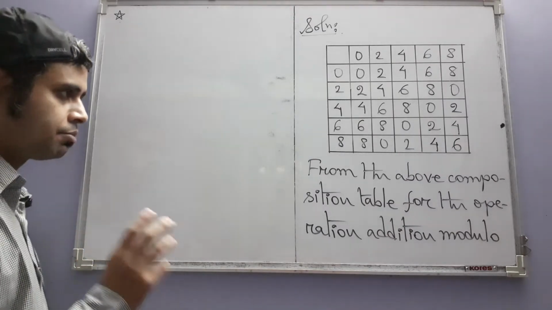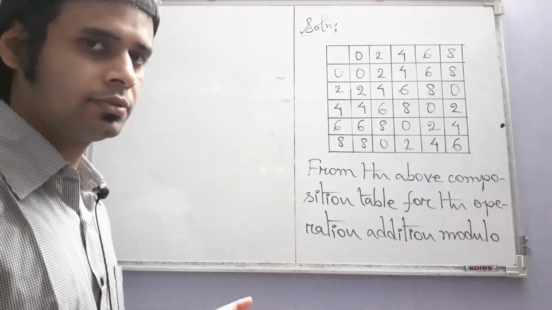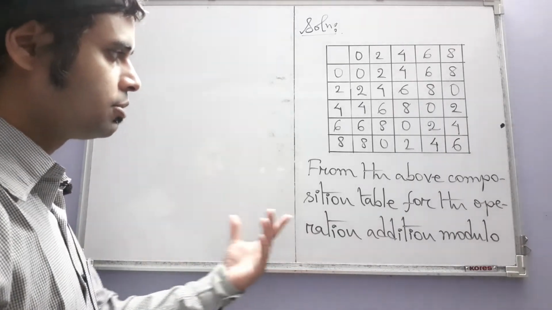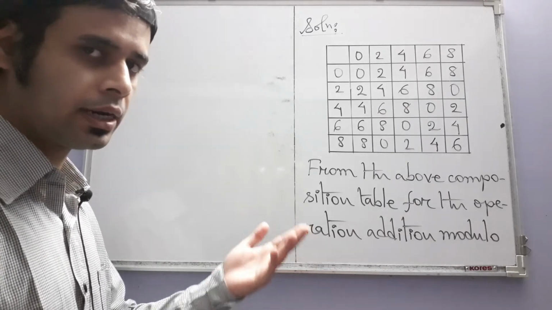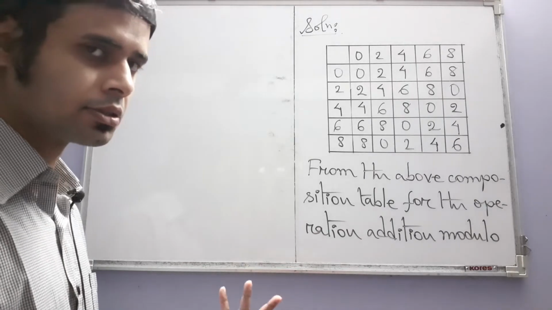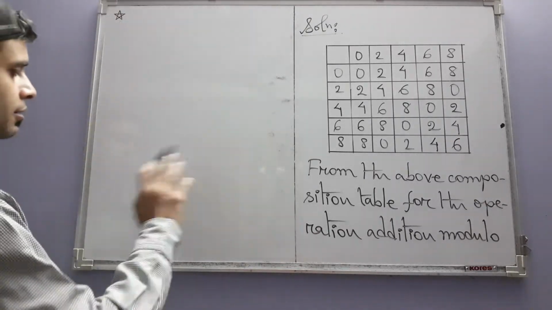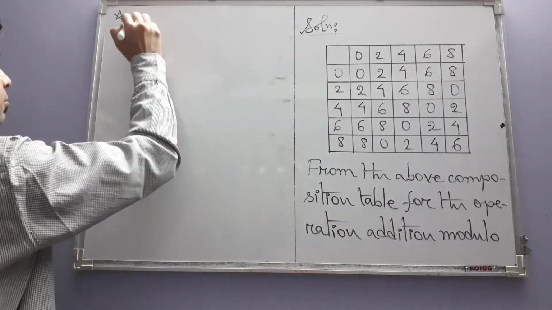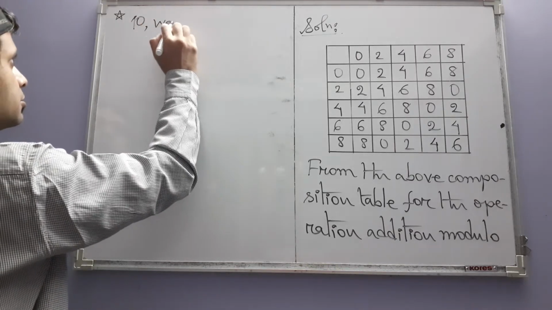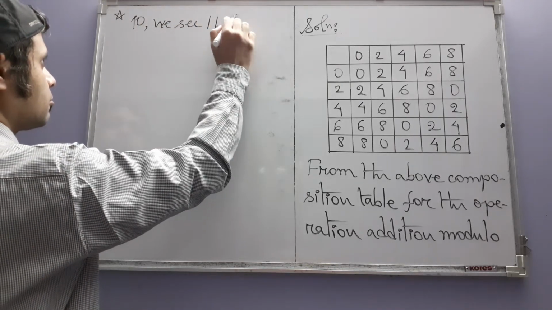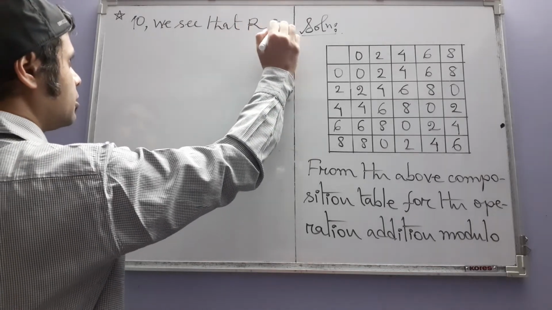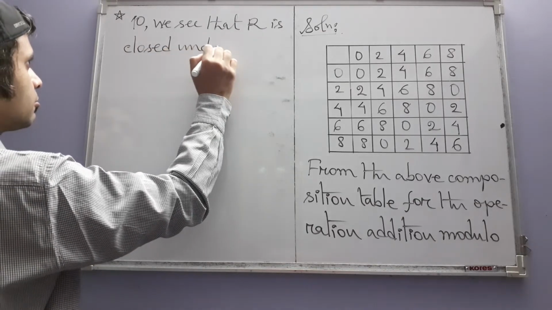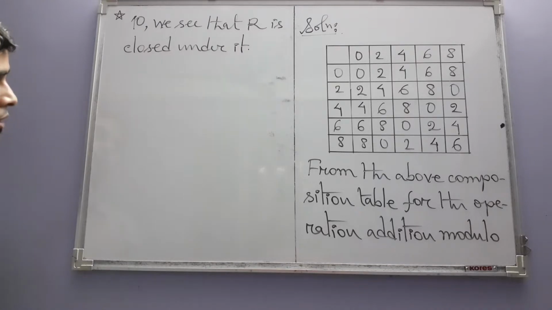And we already know some properties that this type of operations have, namely they are commutative, they are associative, and when two such operations are involved, say addition modulo n and multiplication modulo n, the distributive laws are also true. So we are going to use that prior knowledge of these things here. Addition modulo 10, we see that the set R is closed under it.